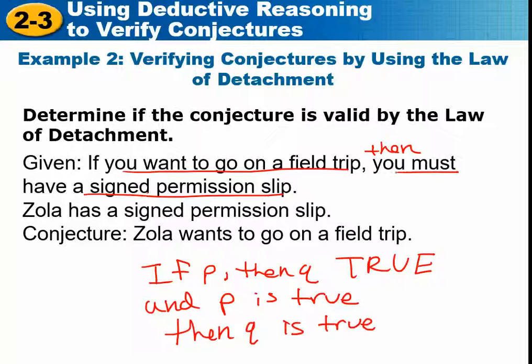If you want to go on a field trip, then you must have a signed permission slip. That makes sense. We're going to call that true. Are we told then that somebody wants to go on the field trip? No. We're told that Zola has a signed permission slip. This isn't the hypothesis, this is the conclusion, which isn't the way it's supposed to be. The hypothesis is supposed to be the given.